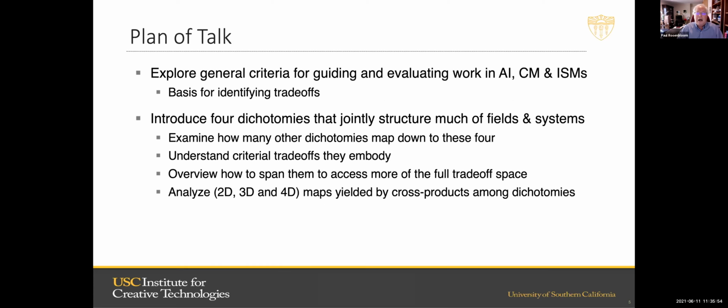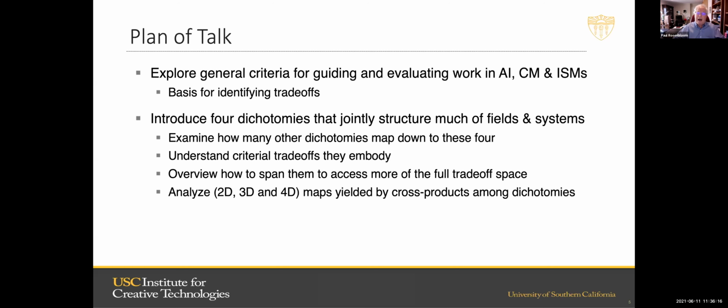The notion is that they jointly structure much of essentially the disciplines and systems and models. Not all of it, there may be other dichotomies, and there are aspects of some of the technologies that are not completely captured by the dichotomies, but the idea is it captures much of the overall structure.